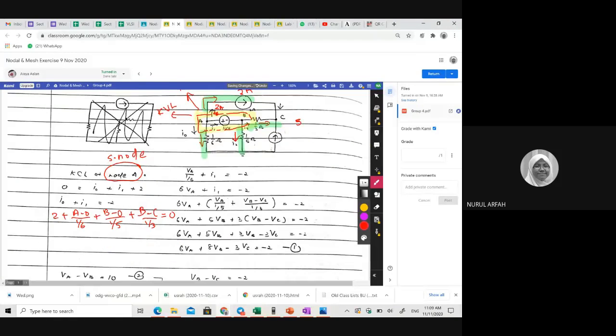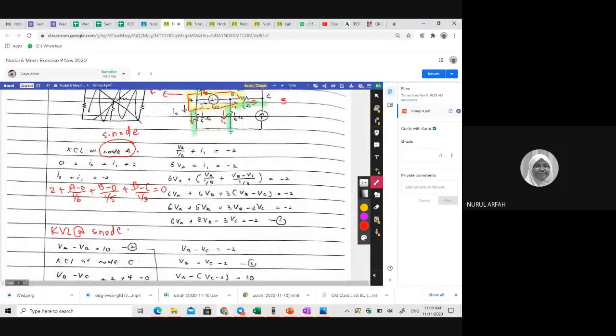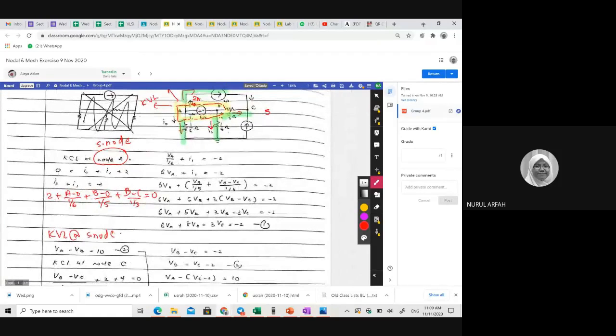You can put it this way, or because Aisha put A, B, and C, so you just maintain it like that. And then the second equation is KVL at supernode. And yes, Aisha has this one, A minus B equal to 10. This is 10 volt. So this is correct.